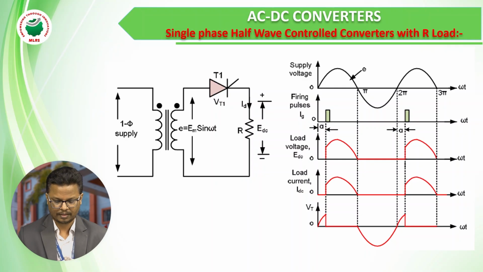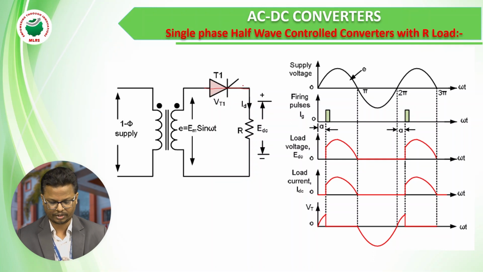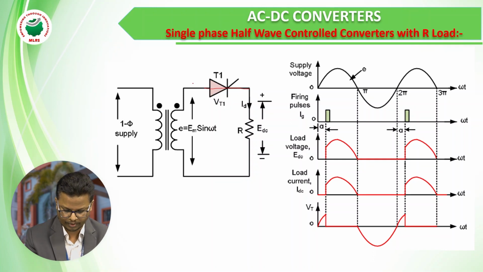So here, the function of the circuit, first we will discuss. Initially when we give a firing angle to the thyristor T1, then this circuit will be shorted. When this circuit is shorted, the current will flow from source to the load.